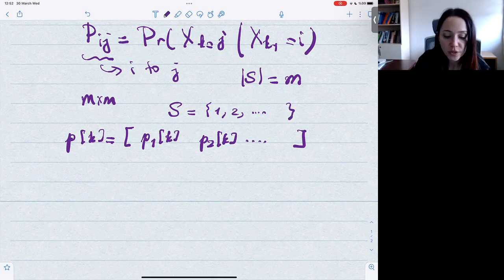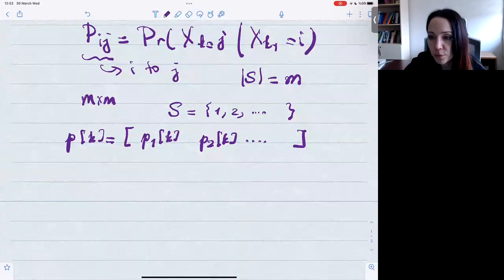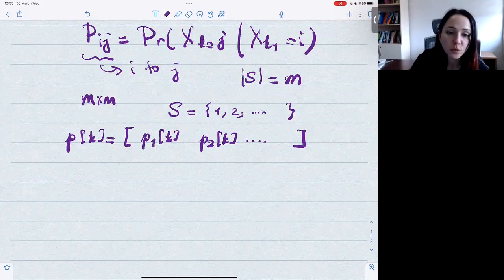Because at the end of the day, S is a countable set. If it is a countable set, we can map the elements to counting numbers, and it will make our notation easier. But you understand that the states can be anything. We're just giving numbers to the states.